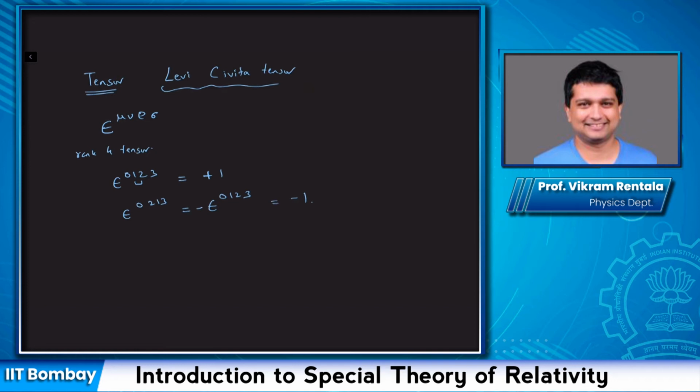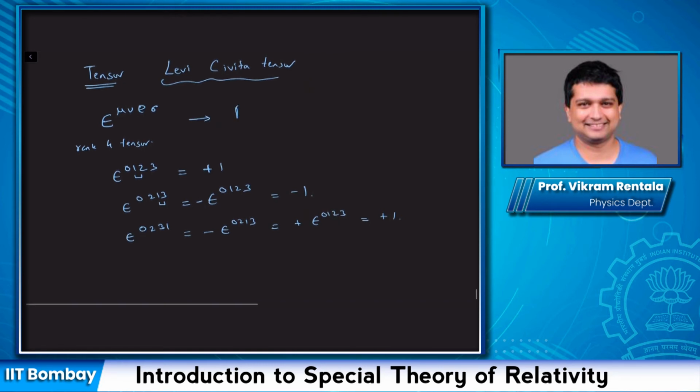Okay, and if I make another exchange, so exchange 1 and 3, this would be related to epsilon 0, 2, 1, 3 by a minus sign, or it would be related by 2 exchanges to epsilon 0, 1, 2, 3. So this would just be +1. So in this way, I can figure out all the components of epsilon mu nu rho sigma.